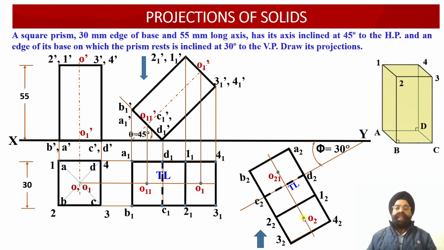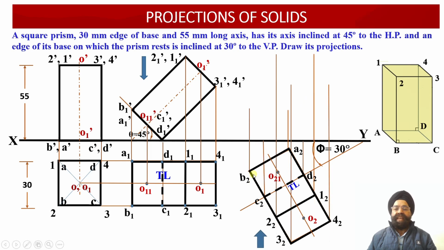Now from these 10 points, you can see we have drawn the vertical projector lines into the elevation view, and we need to find out the corresponding points of intersection between the vertical projector lines which we have drawn through all the plan projection points of the current view and the horizontal projector lines we are going to draw, which will give us the corresponding points of intersection into the elevation projection view over here.